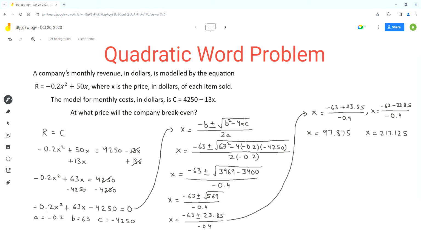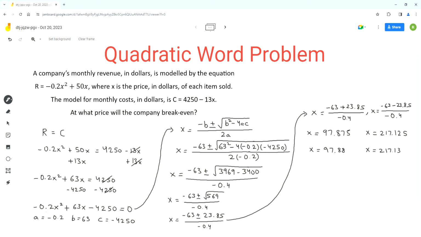Now since x represents the price in dollars, we typically round the dollar values to 2 decimal places. That's the nearest cent. So we can round our first value to 97.88 and the other value to 217.13.